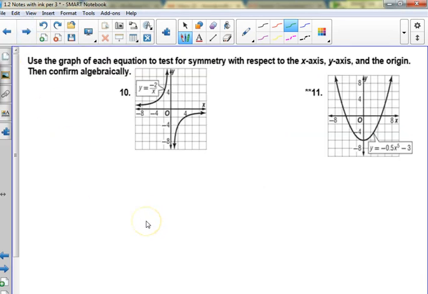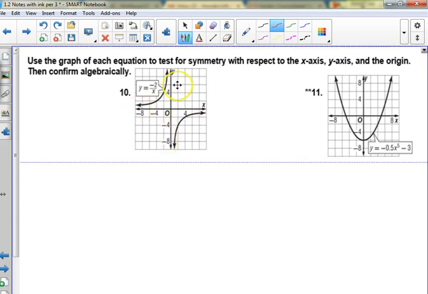All right, what do you think on this one? Number 10? X-axis, y-axis, origin. Anybody awake out there? What do you think when you look at this one?